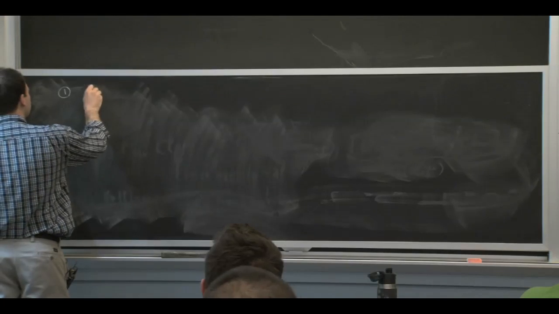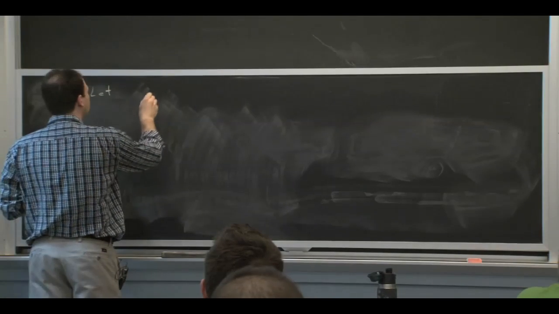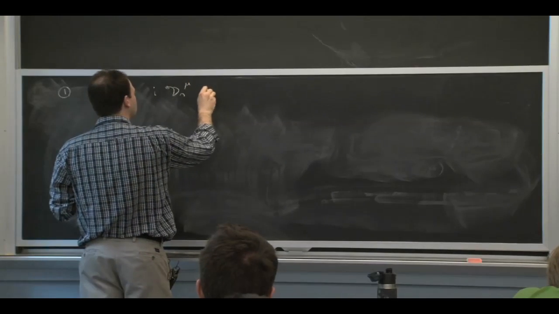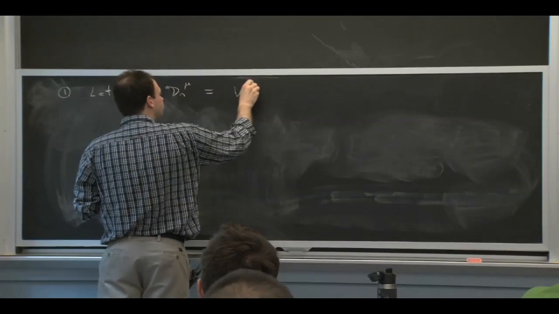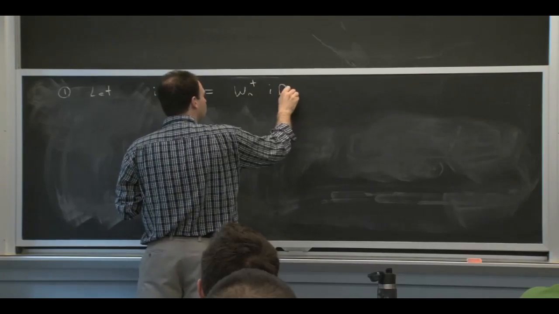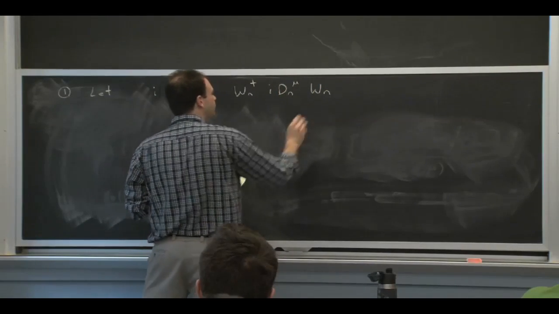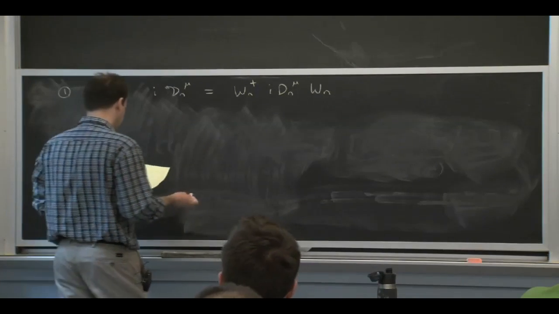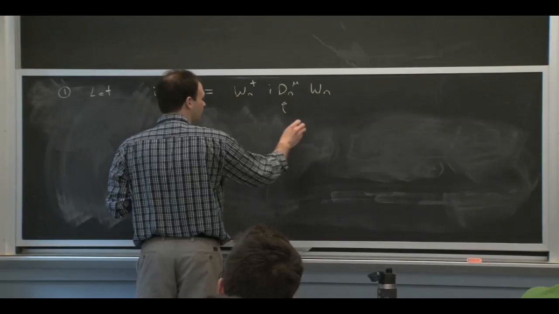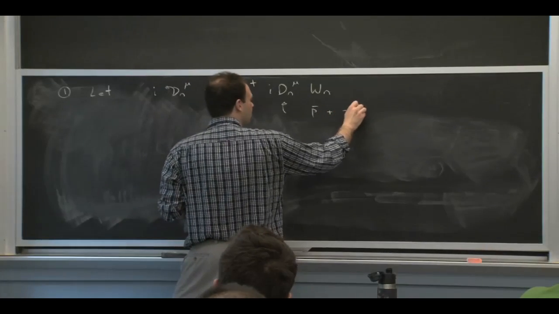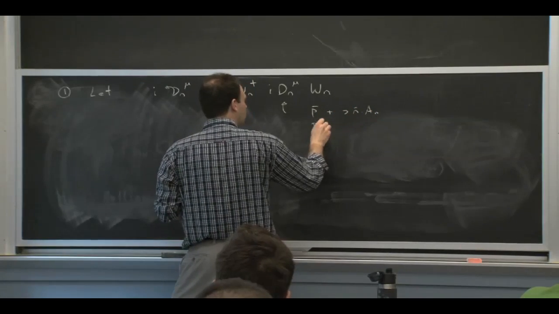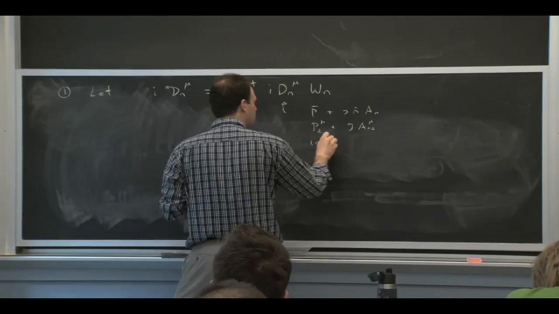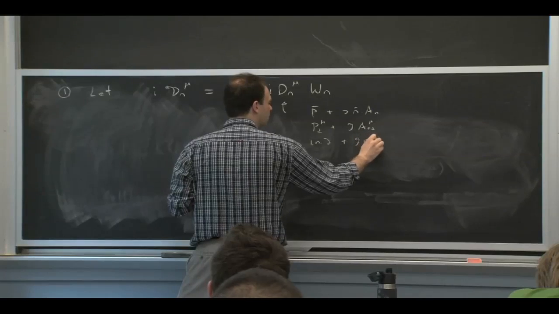So let me introduce a bit of notation. Let's consider this thing, a covariant derivative sandwiched with Wilson lines on either side. And this iD_n here is like P bar plus, so it just involves the collinear gluon field.